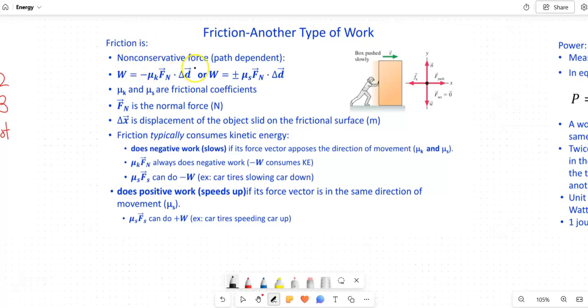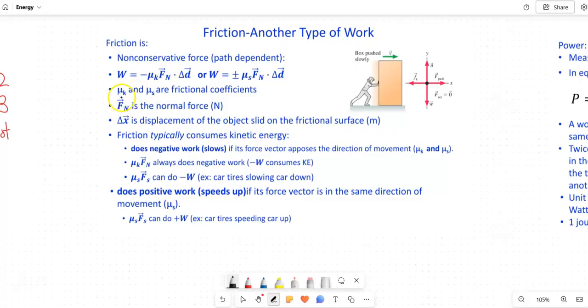Again, friction is a contact force, and it is path dependent. Friction only works parallel to the surface and in the direction of the displacement. It is path dependent, and therefore it is a non-conservative force, which means it's going to be adding energy or taking energy away from a system.